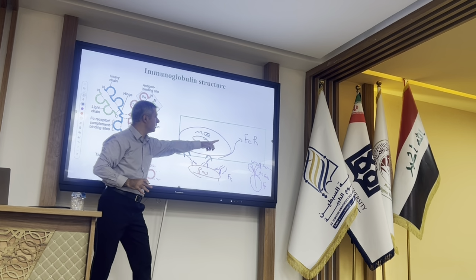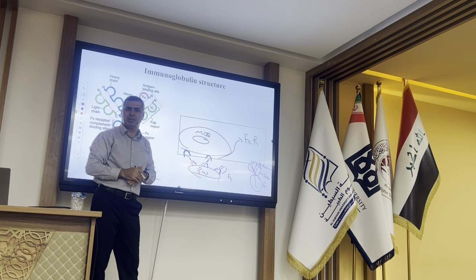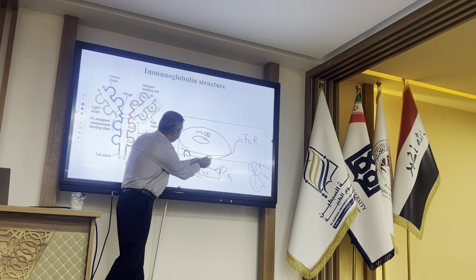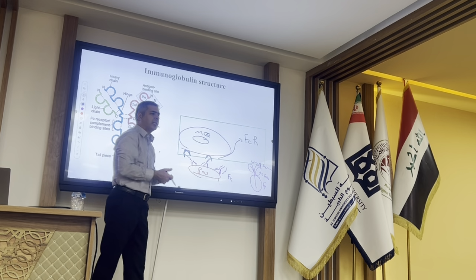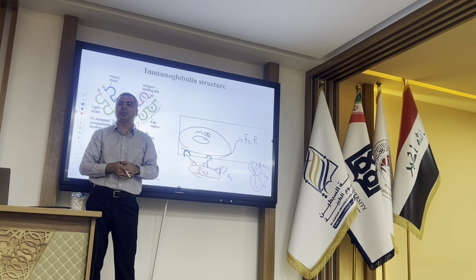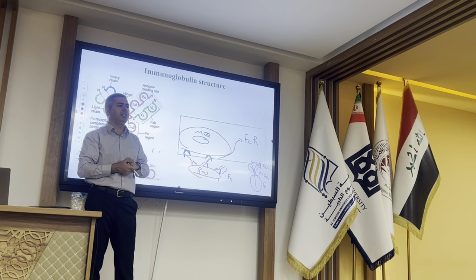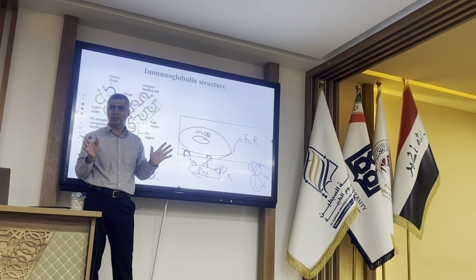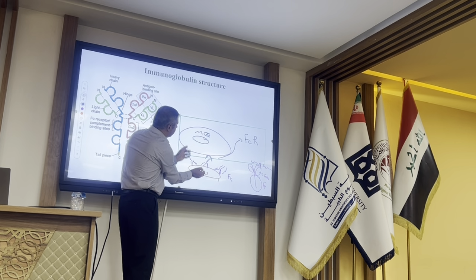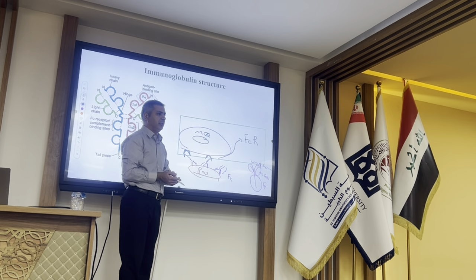So macrophages have Fc receptors. After binding of the macrophage by its Fc receptor to the Fc of an antibody that is already bound to bacteria, this bacteria will be phagocytosed very efficiently. Is that clear or not? So antibody is facilitating the phagocytosis of the bacteria.